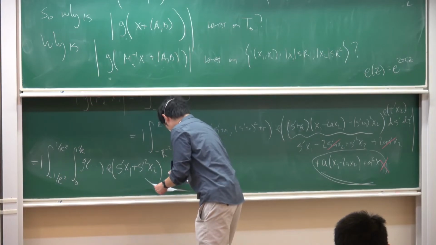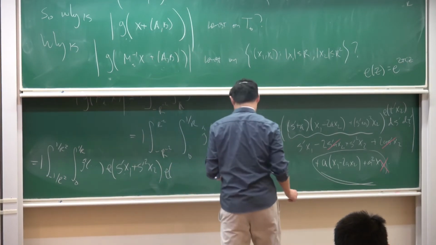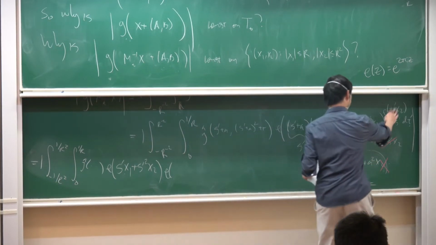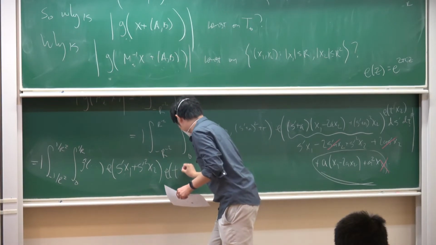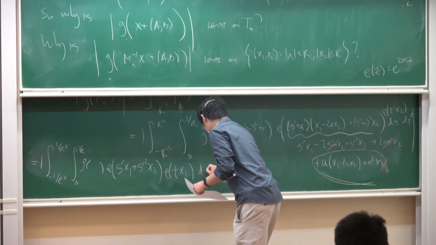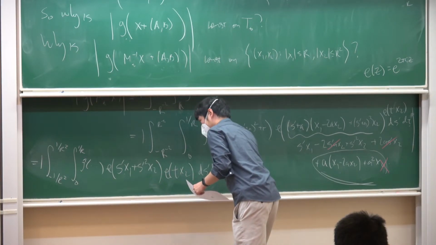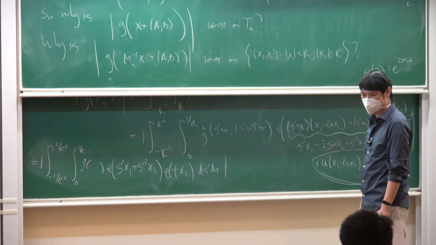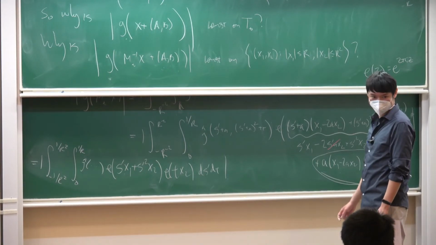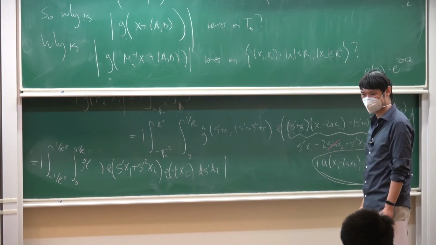Sorry. Yeah, there should be no t prime, just t x2. ds prime dt prime. Okay. Great. So we've just changed variables. Are there any questions so far?